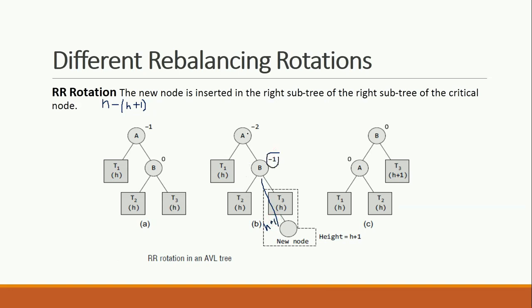And obviously, for A, this would be h and this would be h plus 2. So h minus (h plus 2) will result as a minus 2 here.